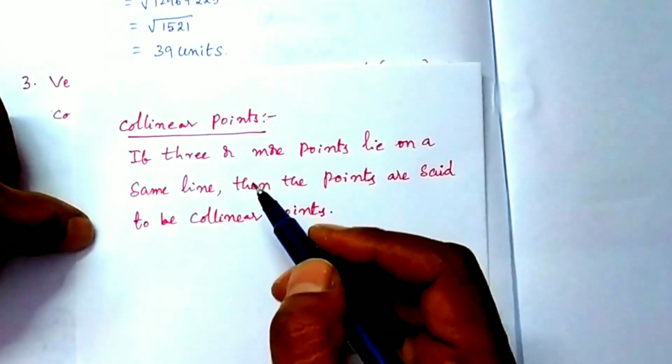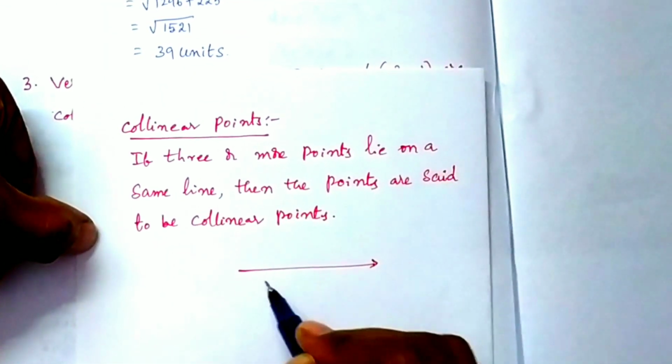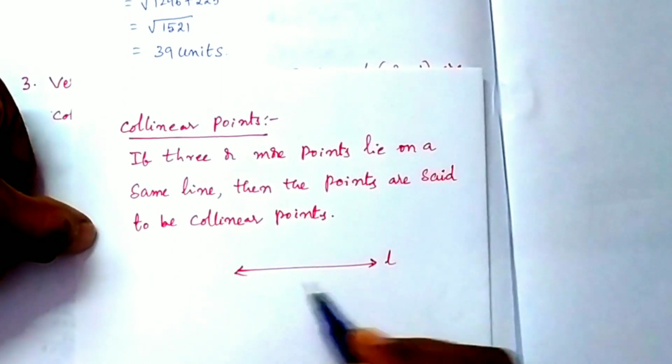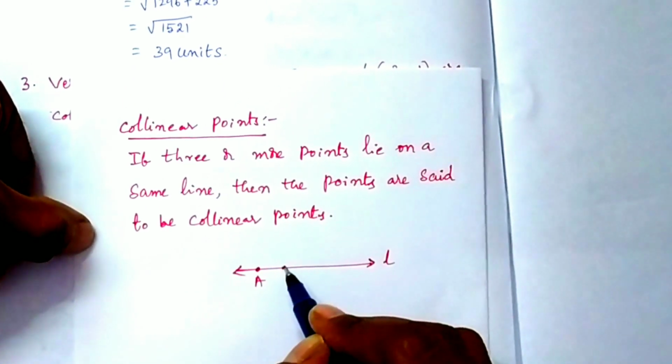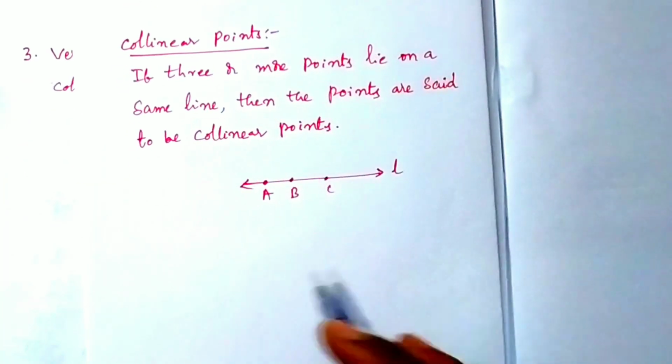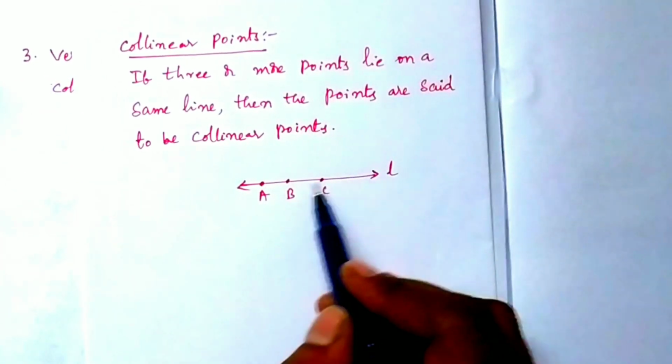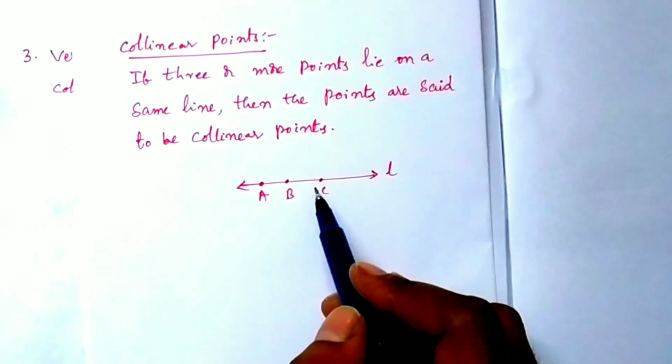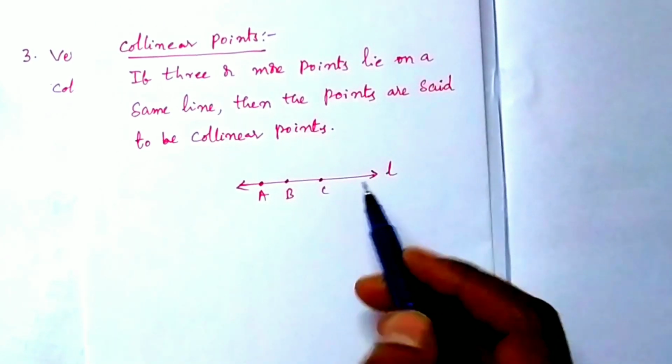Suppose this is a line L, and here A, B, C, 3 points lie on the same line. So these 3 points are said to be collinear points.